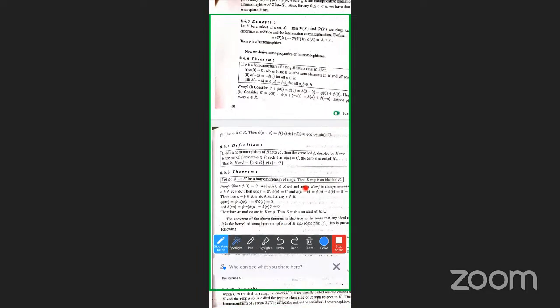Next, the kernel definition. If pi is a homomorphism from R into R dash, then the kernel of pi is the set of elements a belonging to R such that pi of a is equal to 0 dash, the zero element of R dash.